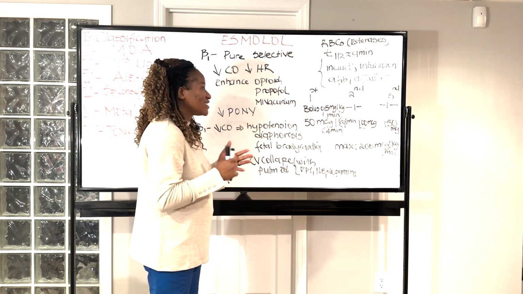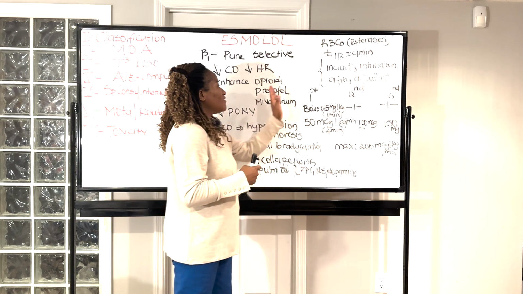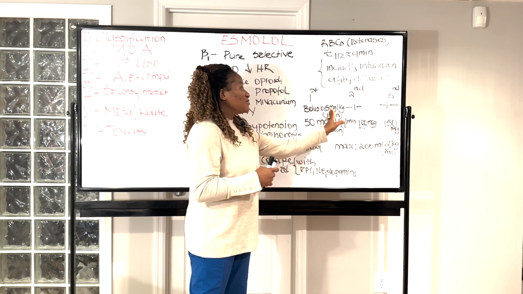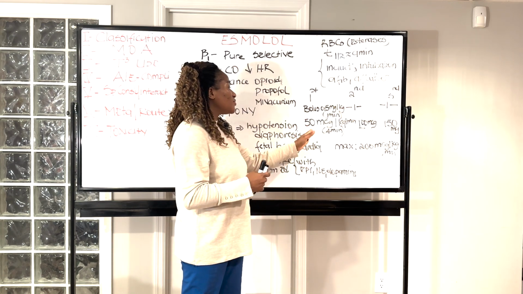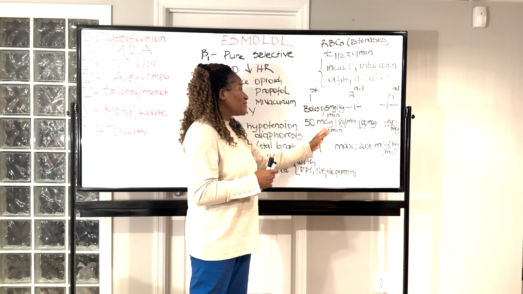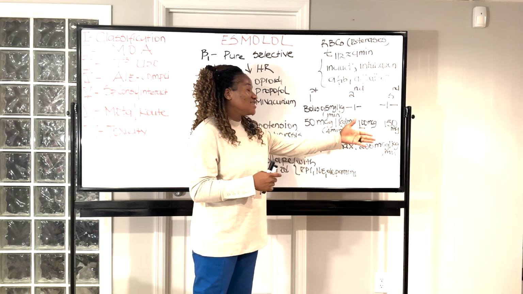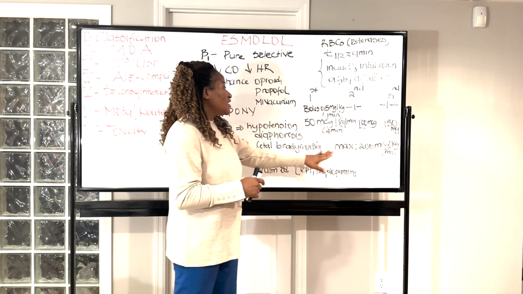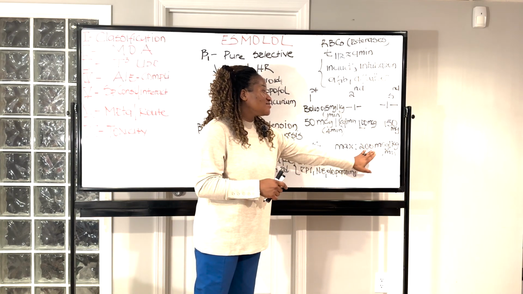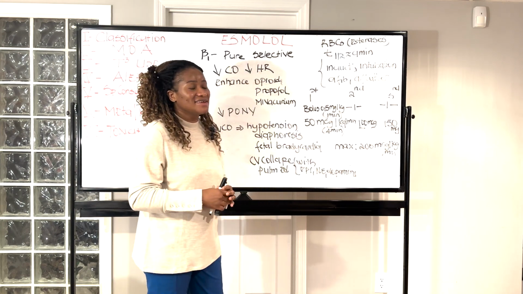So I'm going to go over this again. Bolus is always 0.5 milligram. You can give it up to 3 times, followed by continuous infusion of 50 mics, then increase to 100, and then to 150 mics for the 4 minutes. And the max continuous dose is 200 mics per kg per minute.